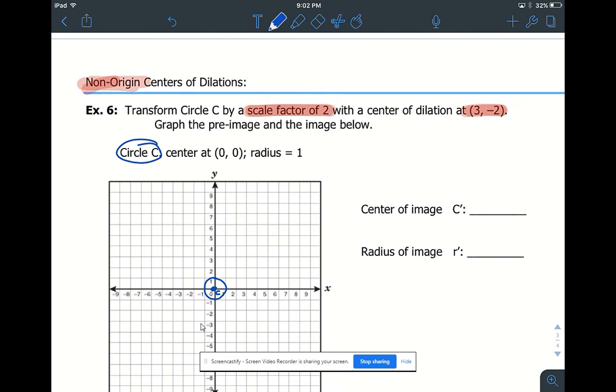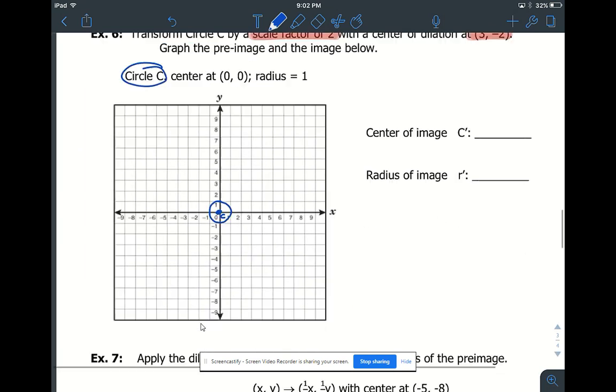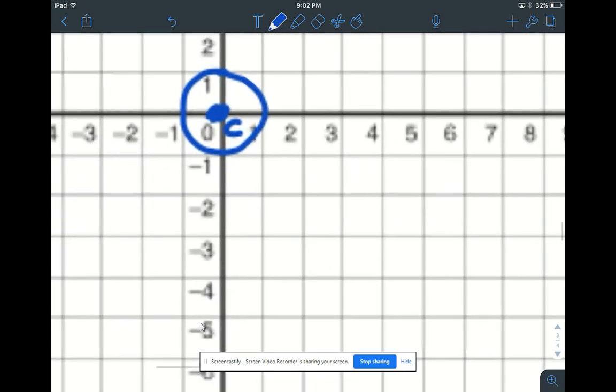So the center of dilation, we're not doing the origin, is going to be at 3, -2. So I'm going to put that point right here. I'm going to call that P, point of origin.